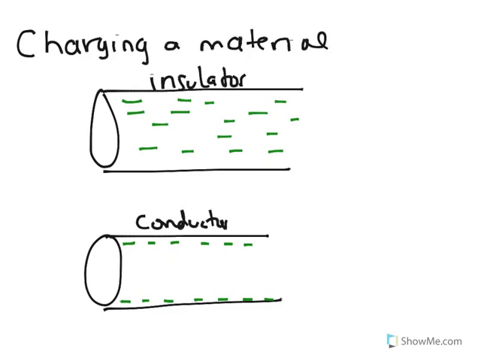In the insulator, electrons cannot move, so they will remain like that. But in a conductor, since electrons can move, and you're charging, these electrons will start to move towards the surface because they want to get as far as possible from the other electrons.